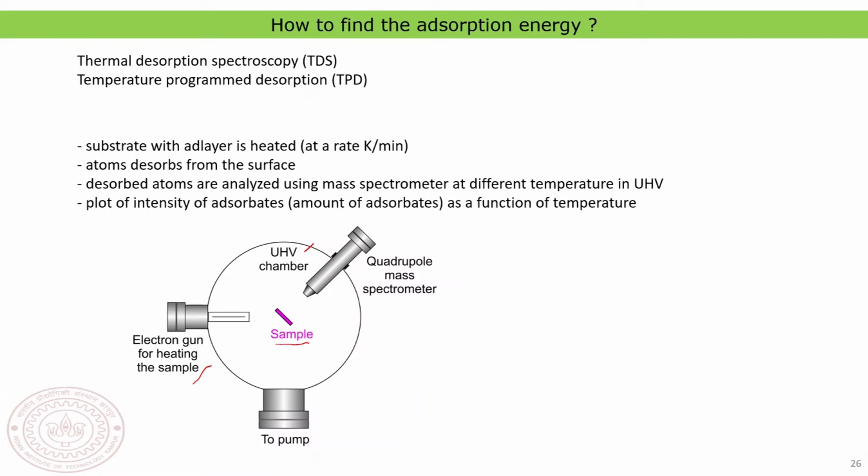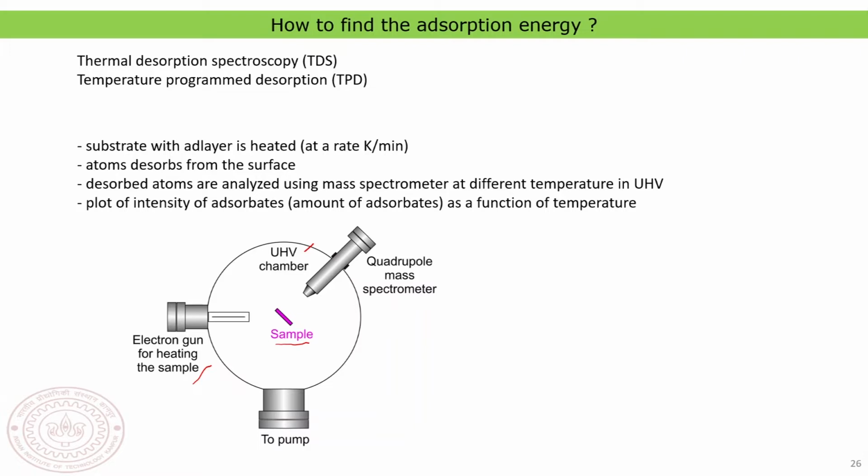When the temperature of the sample increases, the adsorbed atoms or molecules will start to desorb slowly. Depending on the temperature, the species coming out of the surface will vary, and that is something we will see in the next slides.